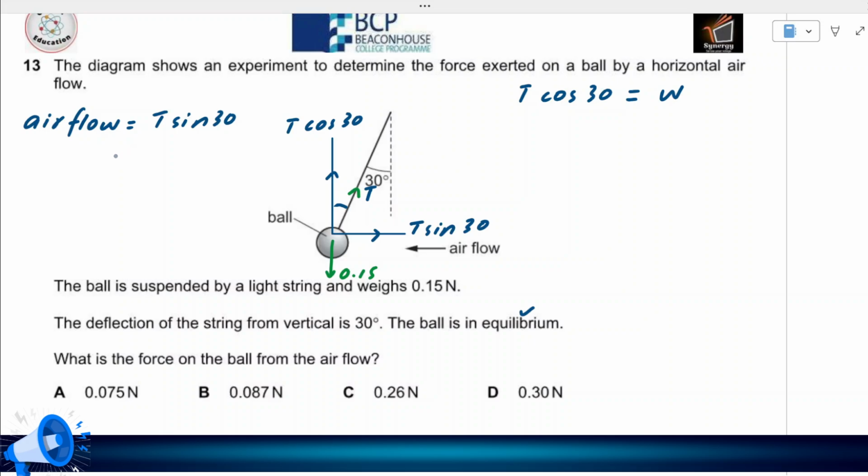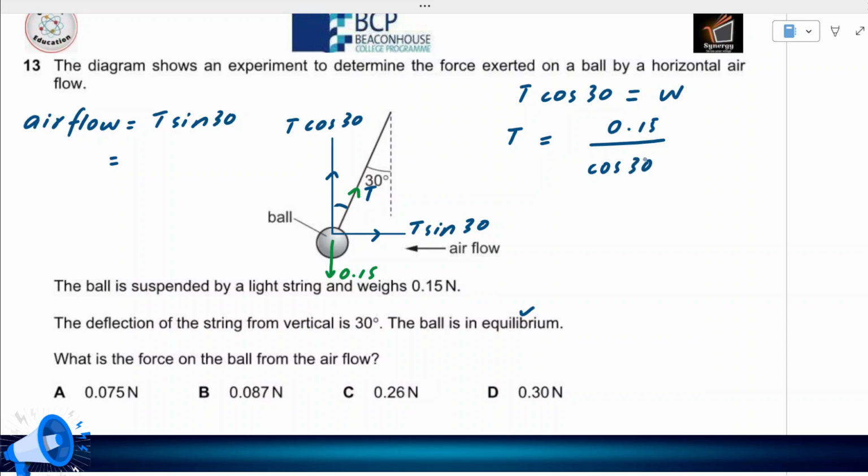So I need to find this thing, airflow equals t sin theta, but we don't have the value of t. So like I said, airflow equals t sin theta, but first we need to find the value of t. I can use the second equation here, t cos theta equals w. So t equals w, which is 0.15, divided by cos 30.